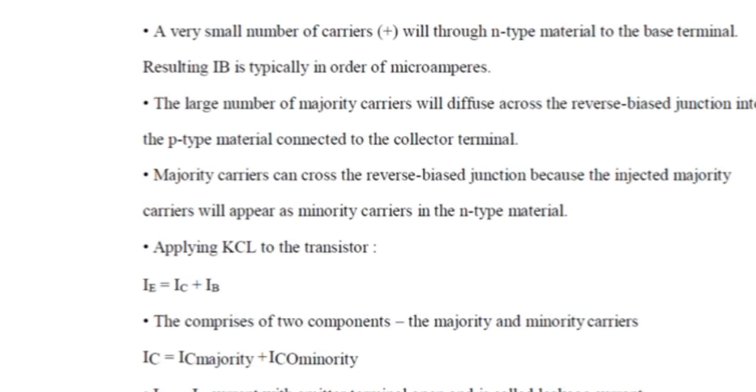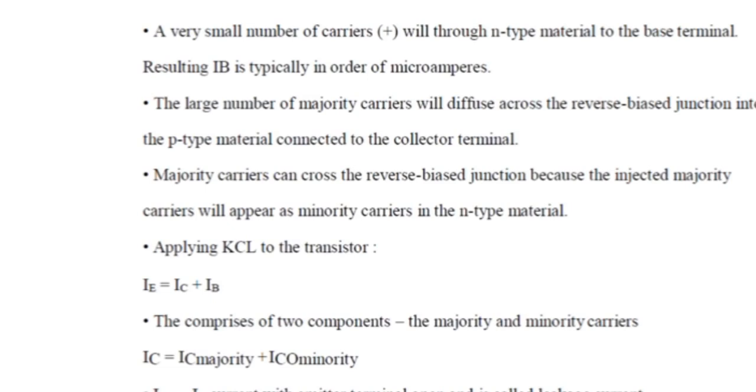When a small number of carriers pass into the base material, there is a change from P to N-type material. The larger number of carriers will diffuse across the reverse biased junction. So this is completely reverse biased, and the majority carriers can flow across the reverse biased junction, appearing as minority carriers in the N-type material.